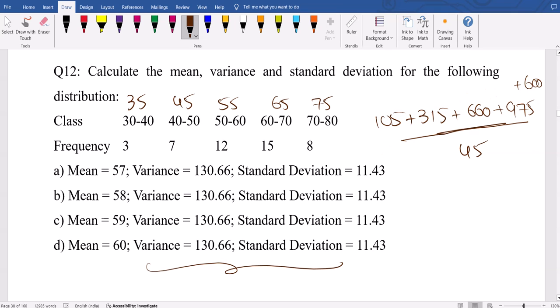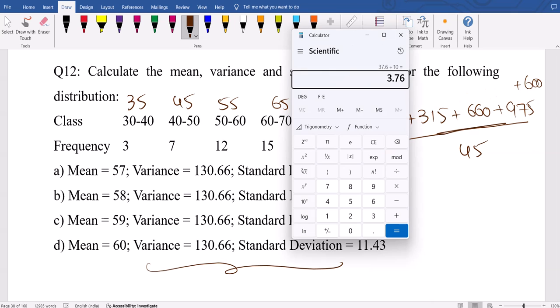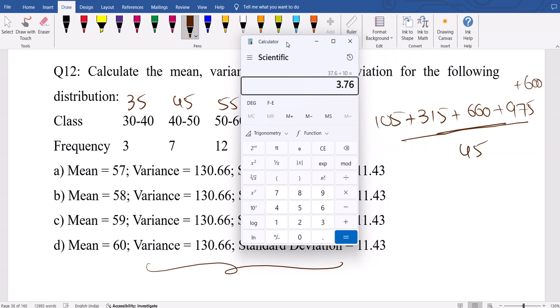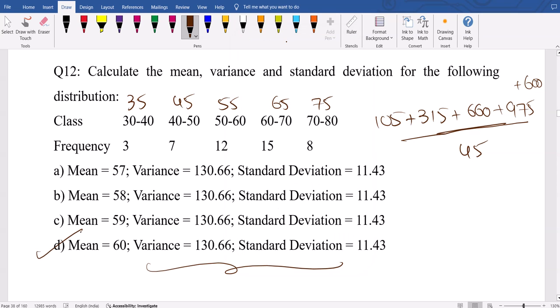So we'll add all that, divide by 45. So 105 and 315, which is 465 plus 1260 plus 975 divided by 45. We got 60, so option D is correct. Option D is correct for mean, right?